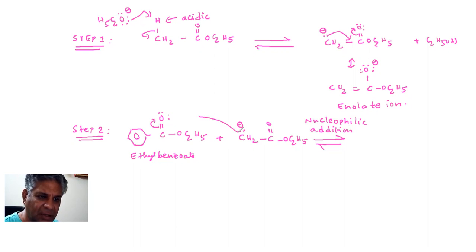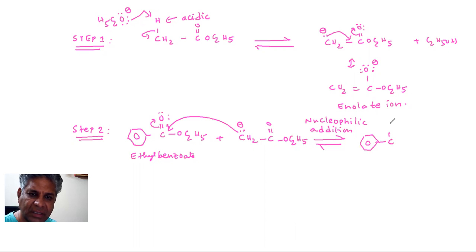So this carbanion, see here, oxygen is more electronegative than carbon. Pi electrons are shifted towards oxygen, and then the carbanion donates electrons to this deficient carbon. So you get a new C-C bond.